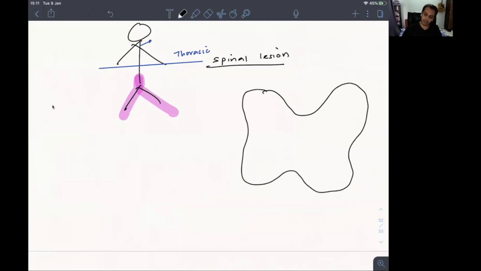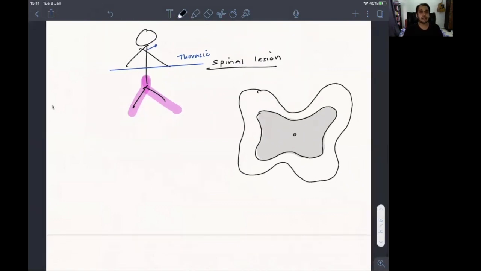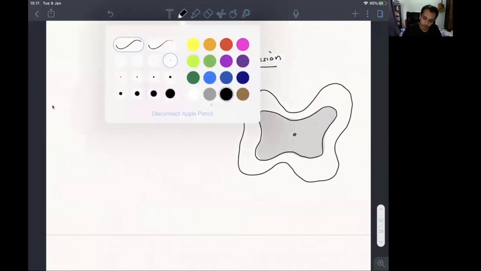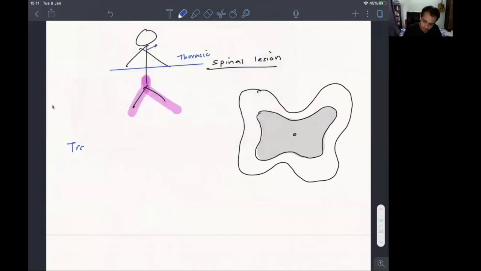So this is the spinal cord, and inside the spinal cord, you have your white matter and you have your gray matter. And the white matter is on the outside and your gray matter is on the inside of the spinal cord, which is opposite to how it is in the brain. Now, within the spinal cord, in the white matter, there are these things known as tracts.